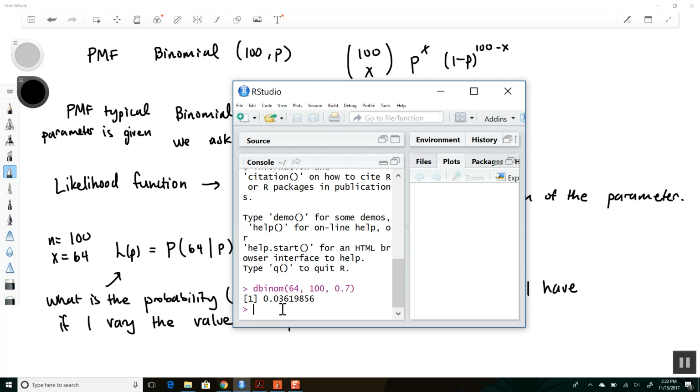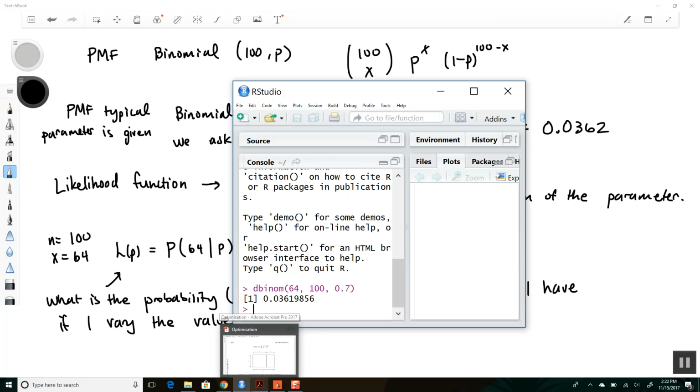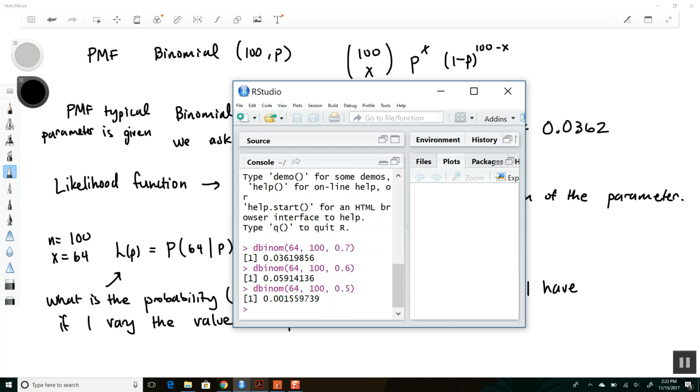The answer is 0.0362. Then what if p wasn't 0.7 but 0.6? The probability there is now 0.05914. What if it was 0.5? Well, that's a lower probability.